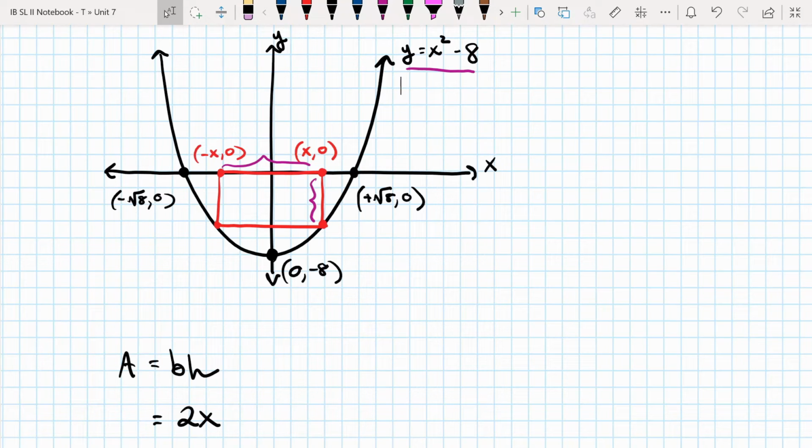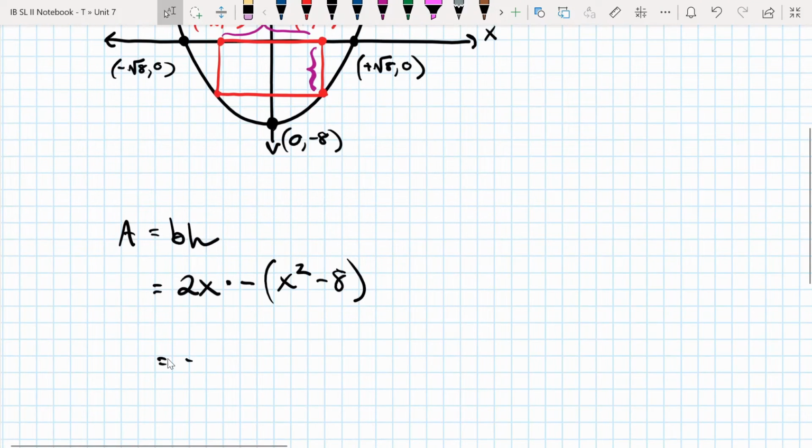So what we're actually going to do is change the height so it is negative times x squared minus 8. Again, because the y value is going to be a negative value, we have to change that value to a positive, because when we're talking about the height of this rectangle, we're talking about this length right here. So we have to change the sign.